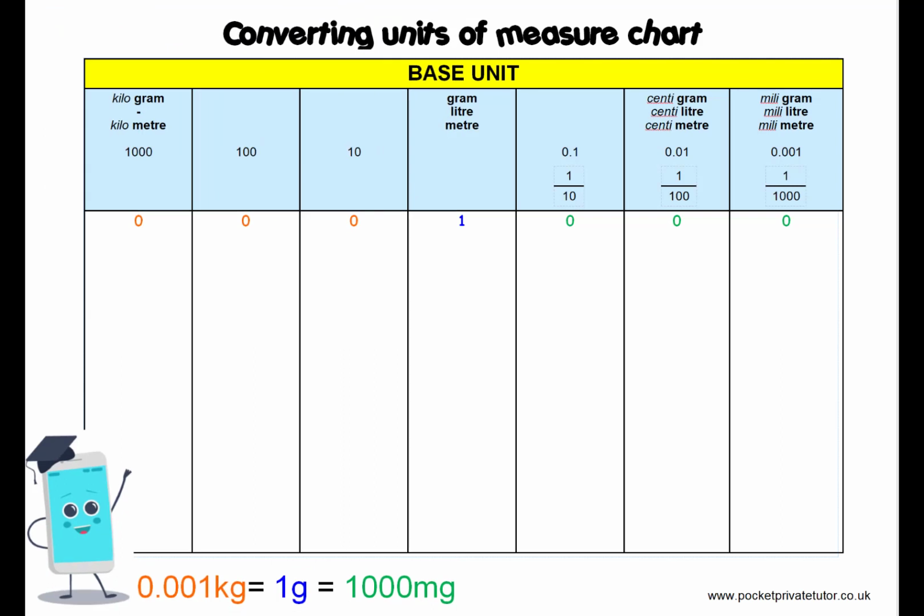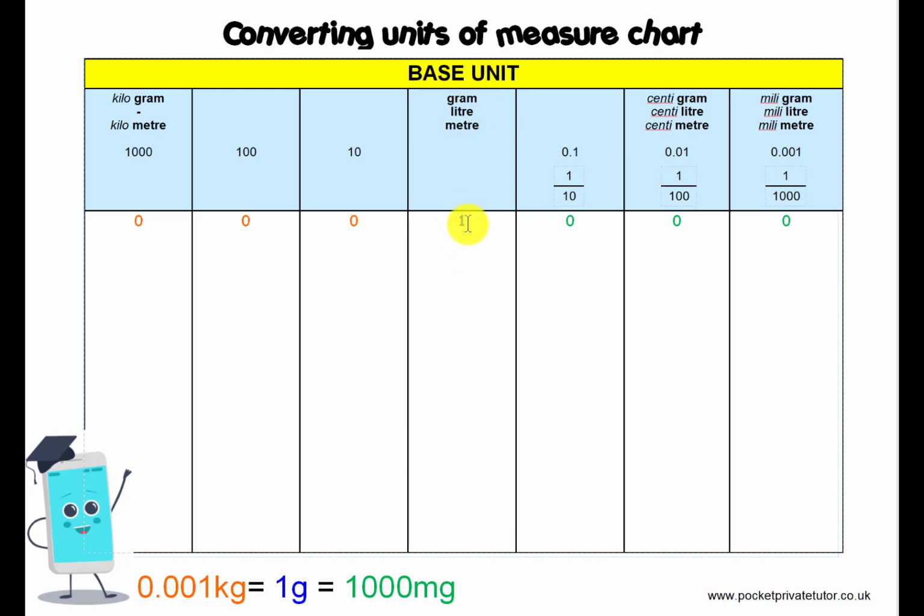I'm going to show you how to use our free downloadable converting units of measure chart. You will see along the top we have base unit and underneath it the different base units. So we've got grams, litres and metres are our base unit. And just like a normal place value chart, I start with 1 here. So if I'm thinking about grams, then grams will be my unit.